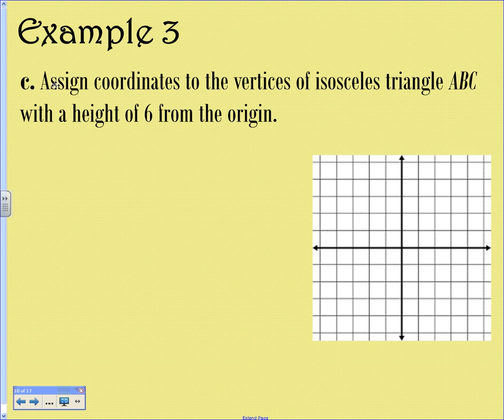Where do we got to go? Did we go up 6? So is that a height of 6? That's a little bit more than 6. So would this one work? But if he took it and pushed it over here, it would work. Does that make sense?